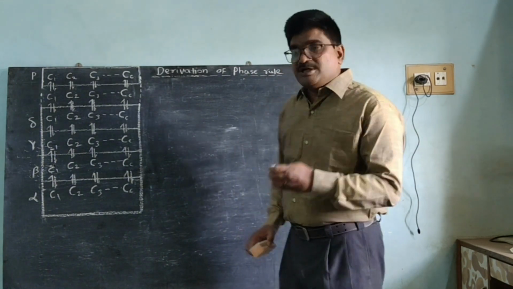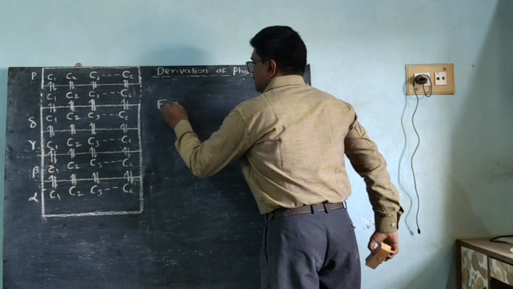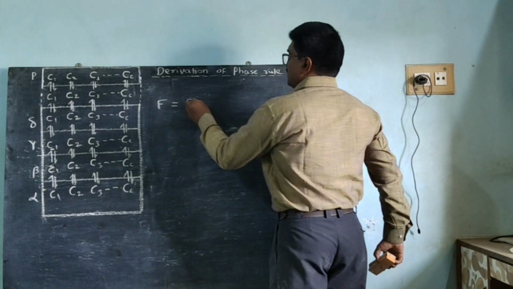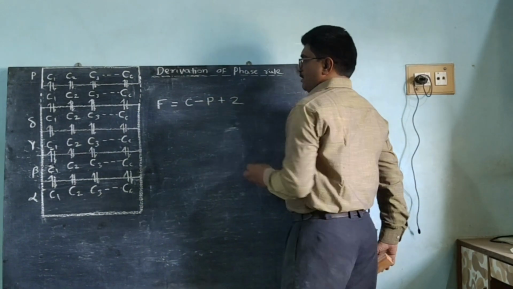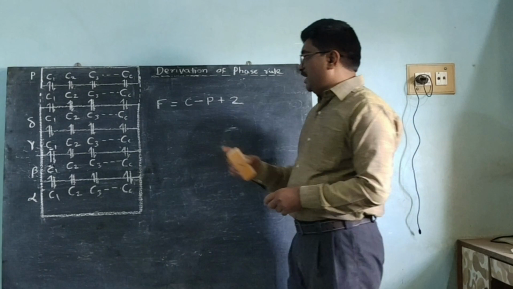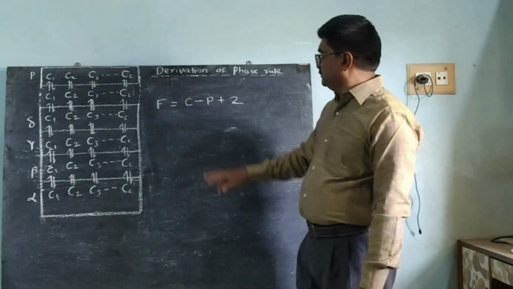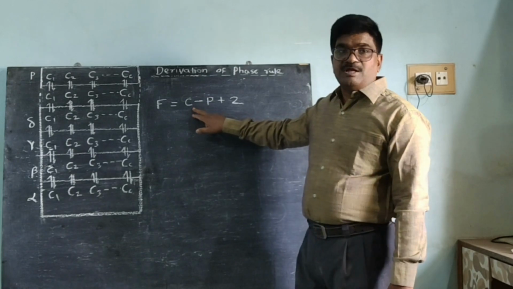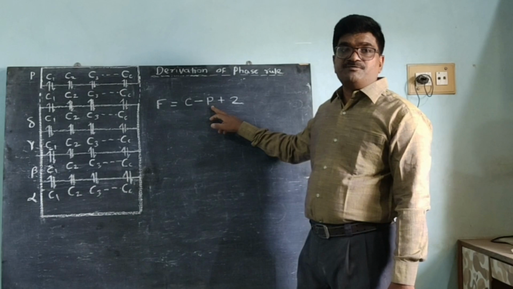The relationship is F is equal to C minus P plus 2, where F is the number of degrees of freedom, C is the number of components, P the number of phases.